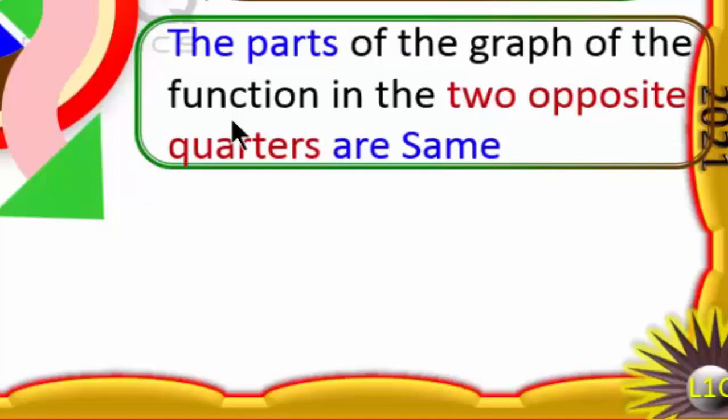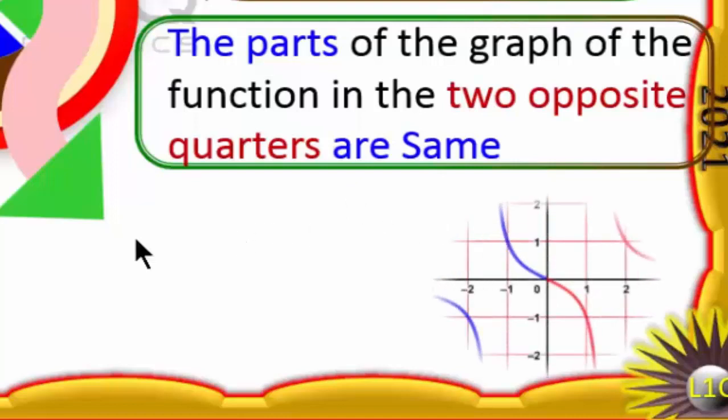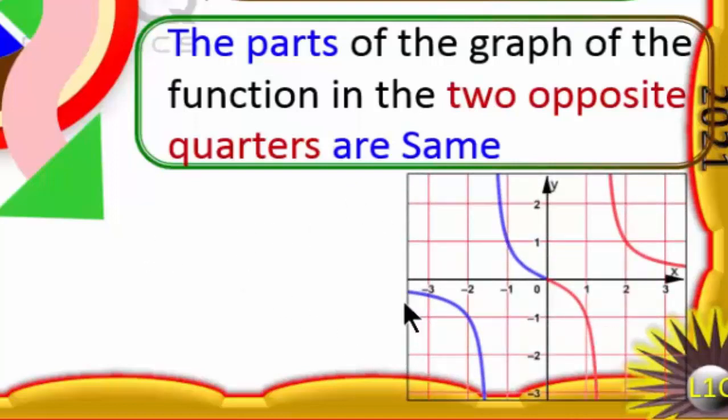If we have a graph of a function, if the parts of the graph in two opposite quadrants are the same, as you can see, in quadrant 3 this part drawn in blue is the same as the part in quadrant 1 drawn in red, and this part in quadrant 2 is the same as the part in quadrant 4.